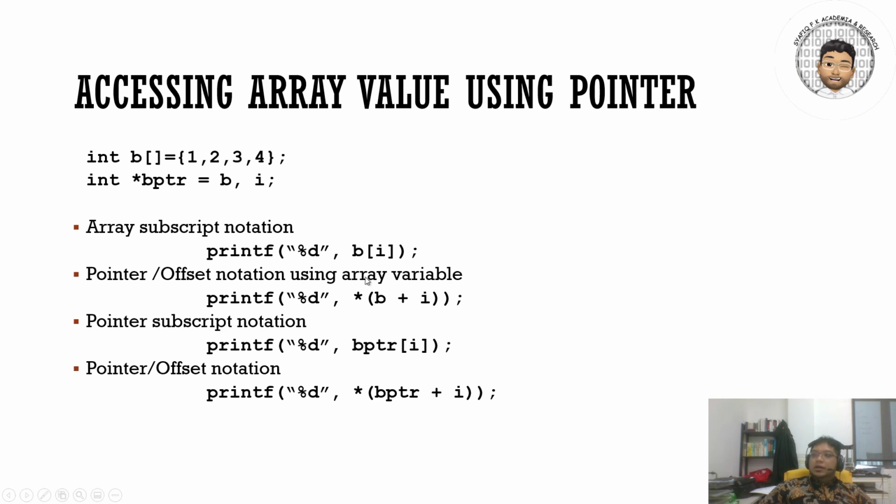For example, the value of pointer b plus i, where i means which index it is. If you want to show the value of pointer b in the second row, you have to use bptr, pointer b, bptr plus i, in this case plus i.